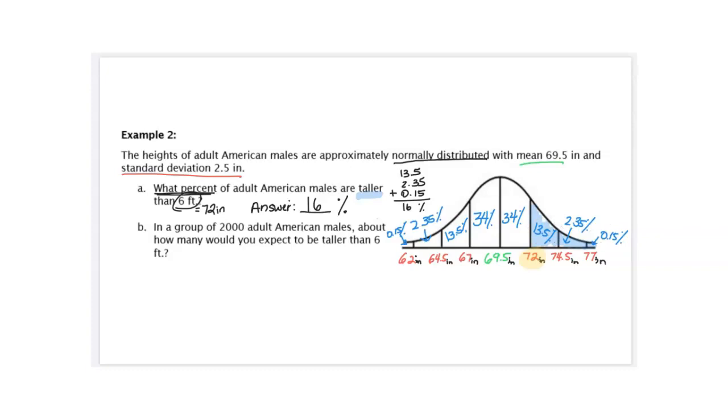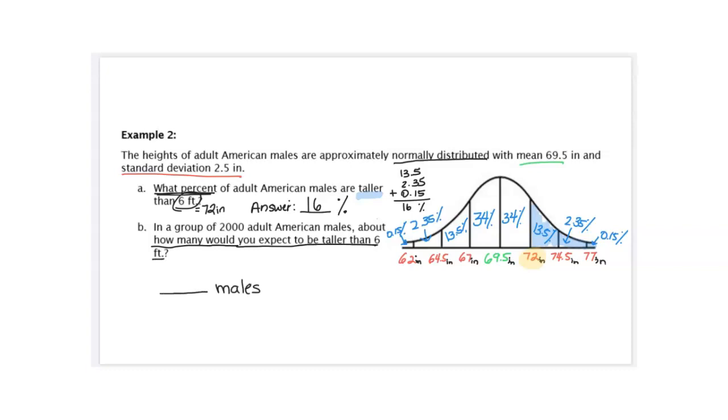Part B says, in a group of 2,000 adult American males, about how many would you expect to be taller than 6 feet? About how many? So first, noting our question, it's asking us how many of these adult American males would you expect to be taller than 6 feet? So our answer is going to be blank males.